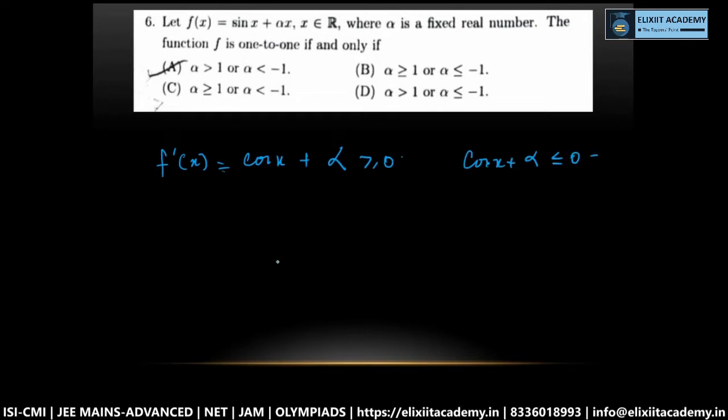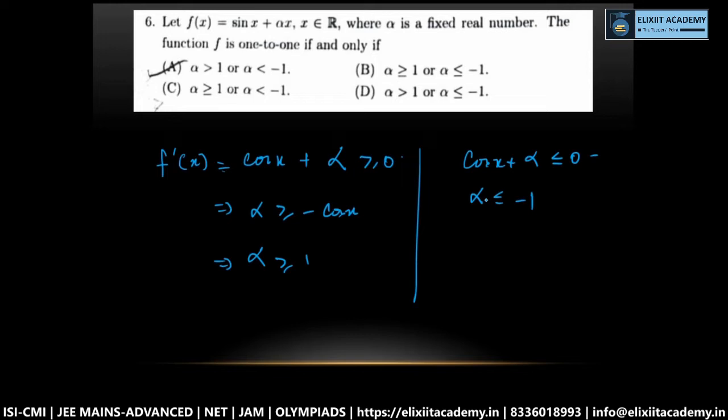Okay. So we'll prove this to be monotonic. In this case, alpha is greater than or equals to minus cos x, right? And what is the maximum value of this? Maximum value of this is 1. Similarly, you will get alpha less than or equals to minus cos x.